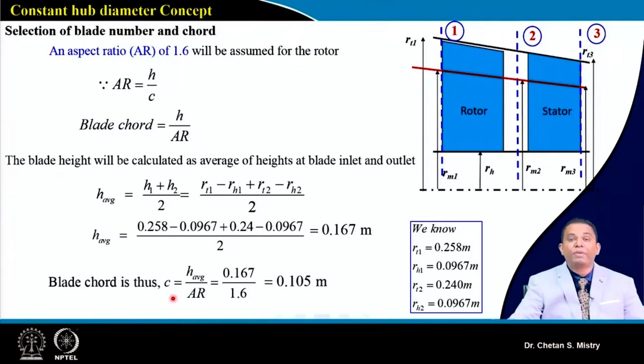Based on that we will calculate our chord, and that is coming as 0.105 meter. Now if we compare this number with our earlier calculation for the constant tip diameter configuration, that chord was 0.09 meter. So you can say here our chord is coming to be larger. Okay, so the changes will start reflecting now.